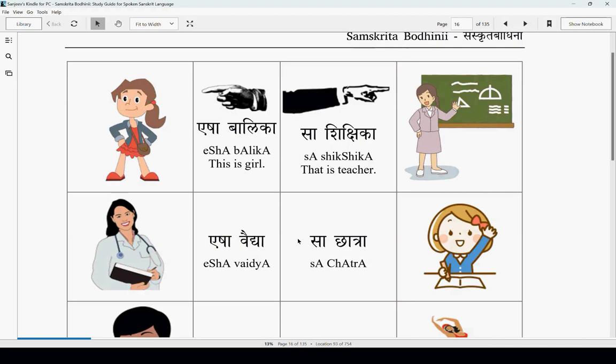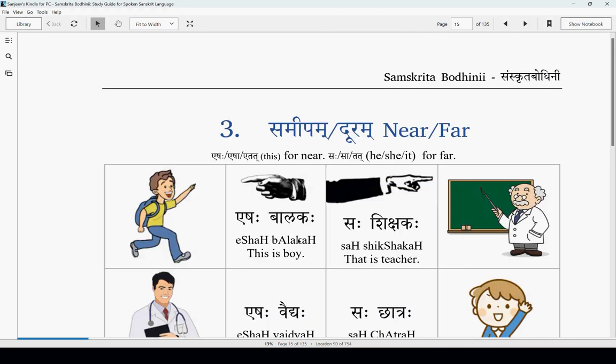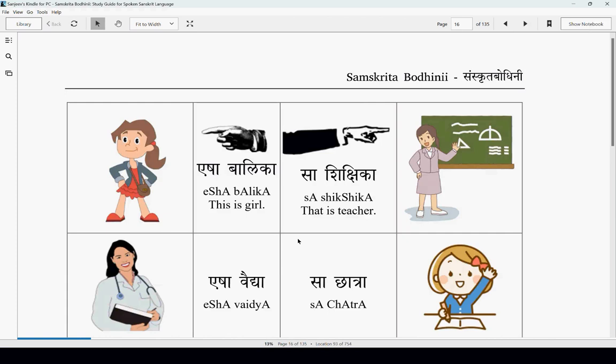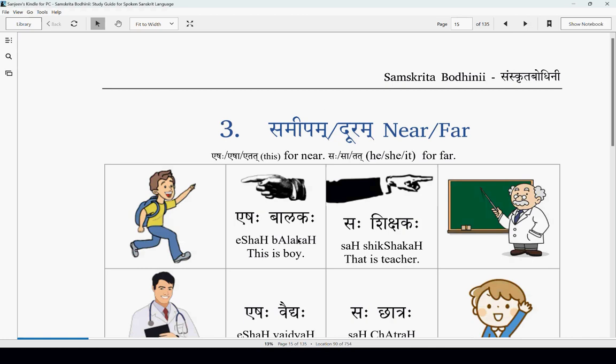All right, so the next one here we have more examples of this and that. So here in the previous examples we used the words which are in masculine gender.